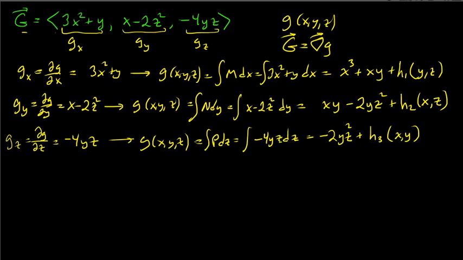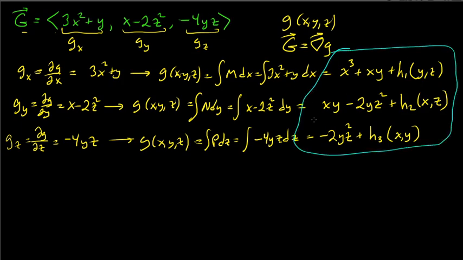That's the z. Okay, so we just have to look at all these separately here and see, can we get a consistent potential function? Can we find a potential function that's the same for all three of these?